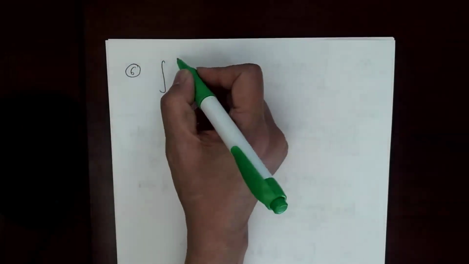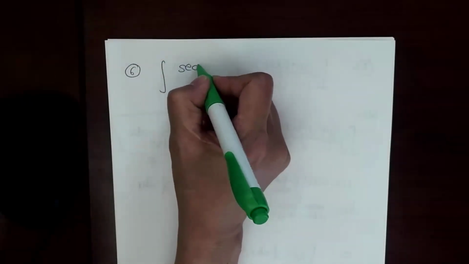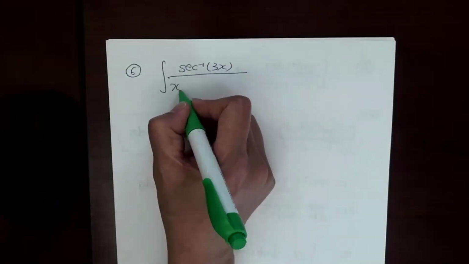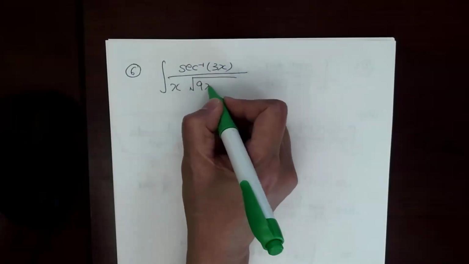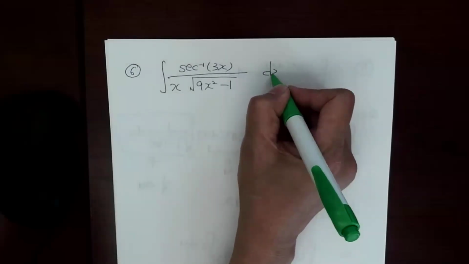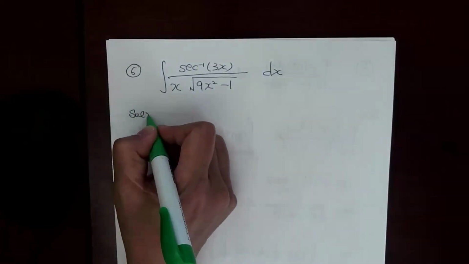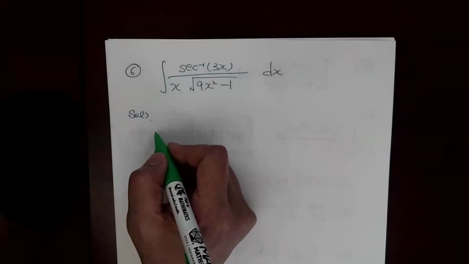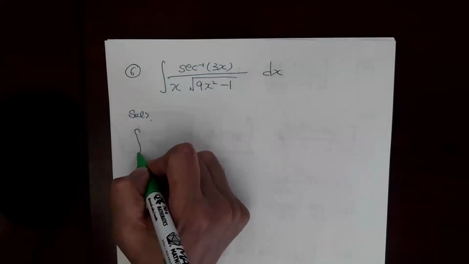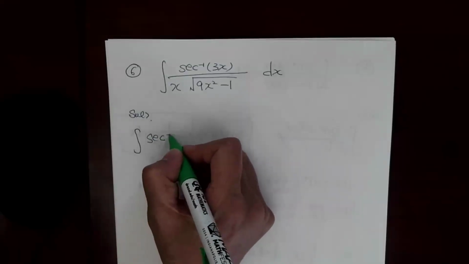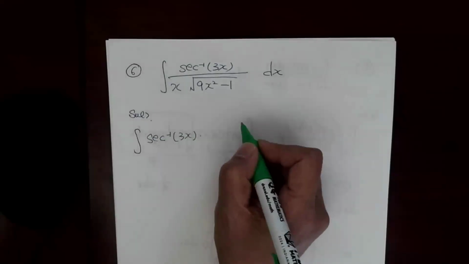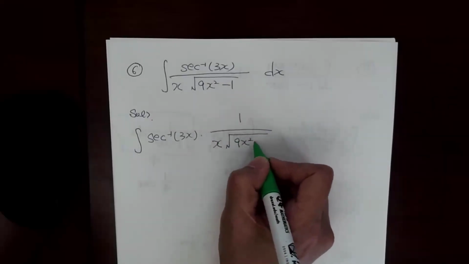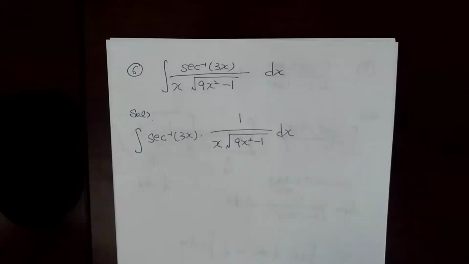The next one is the integral of secant inverse of 3x over x times the square root of 9x squared minus 1, dx. For our convenience, I will just write it again: secant inverse of 3x times 1 over x square root of 9x squared minus 1 dx.